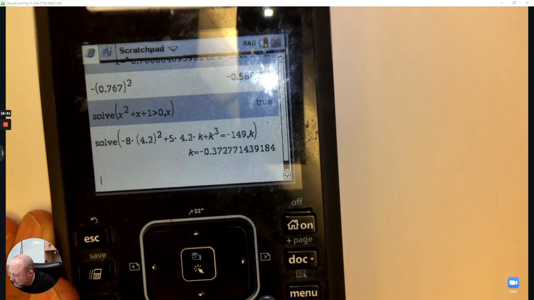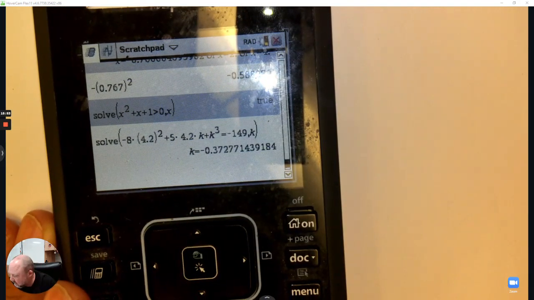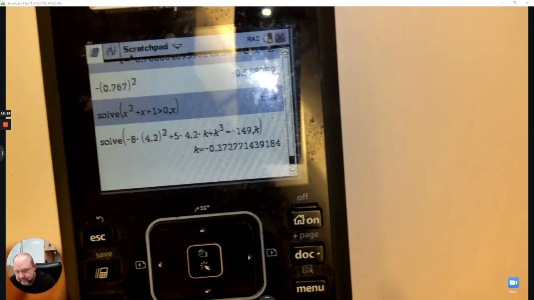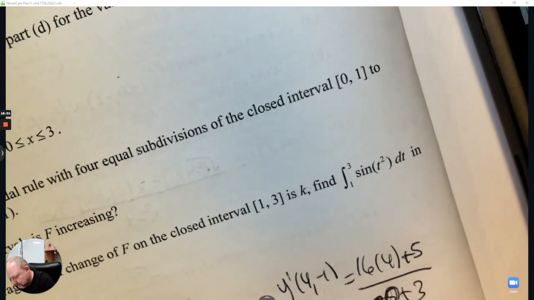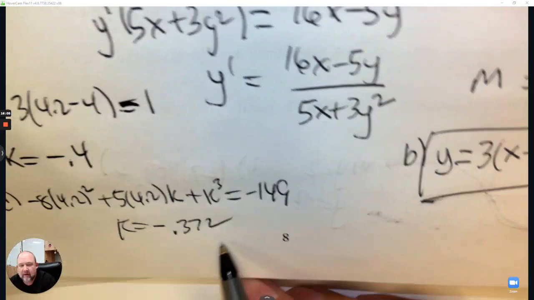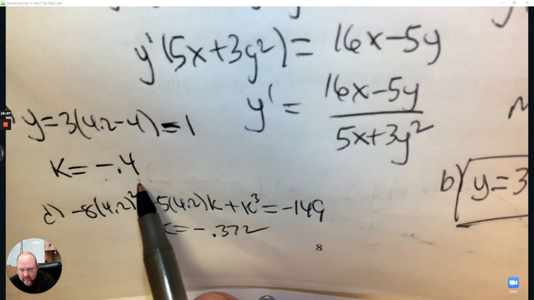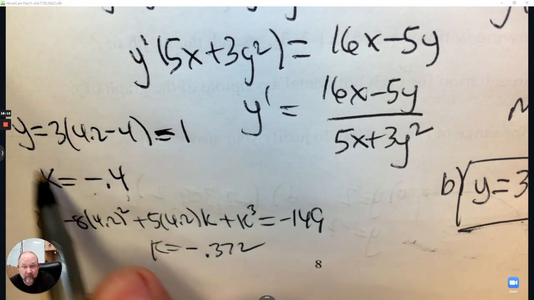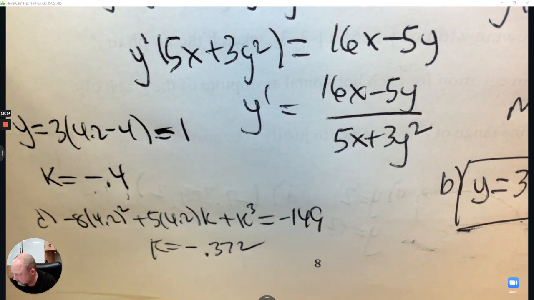I get negative 0.372. Good. And you can see the approximate answer of negative 0.4, or the actual answer negative 0.372, is pretty close, right? The approximate one and the actual one.